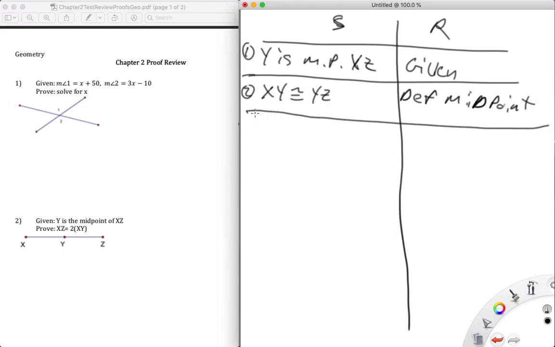And if they're congruent, then they're equal. Xy is equal to yz. Definition of congruency or congruent angles.